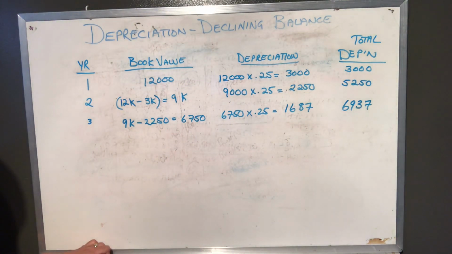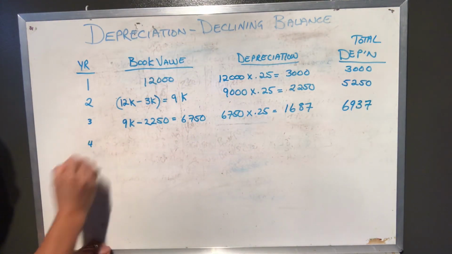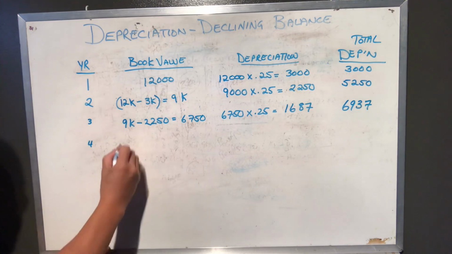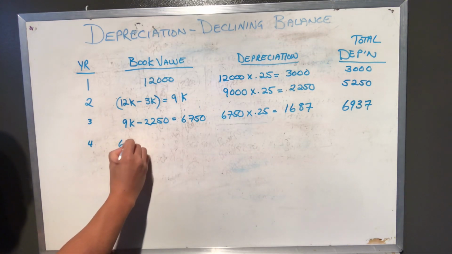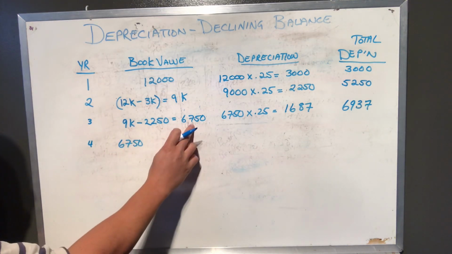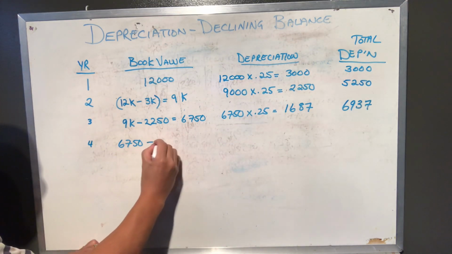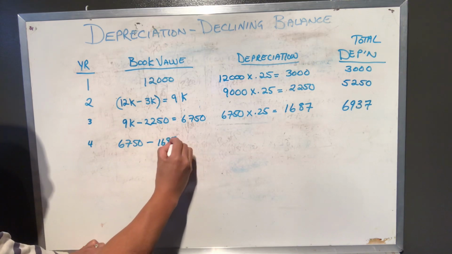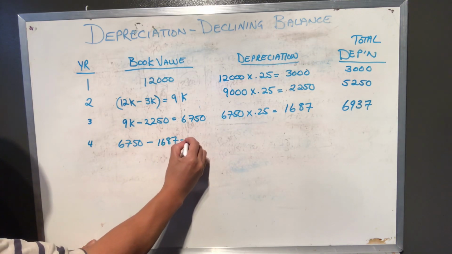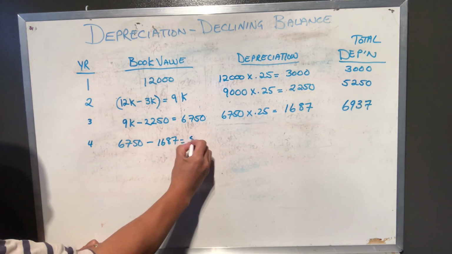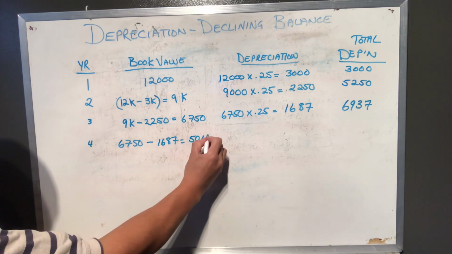In year 4, the book value is $6,750 minus that depreciation of $1,687. That's going to give us $5,063.